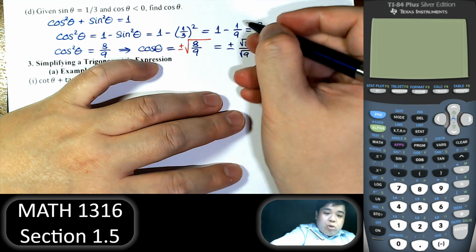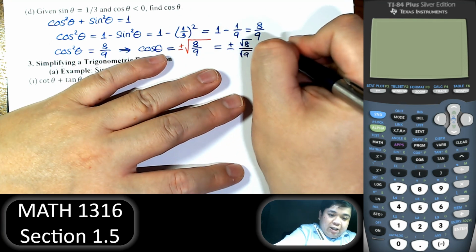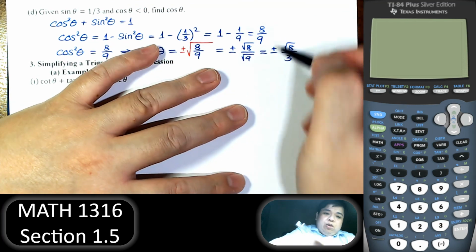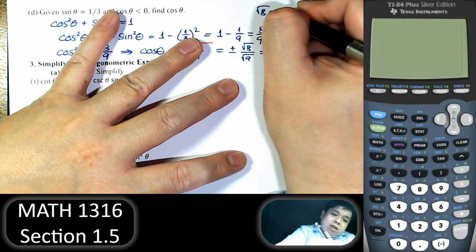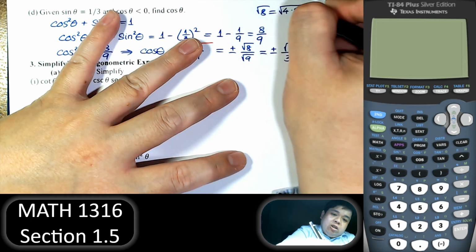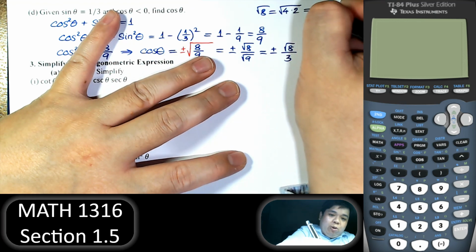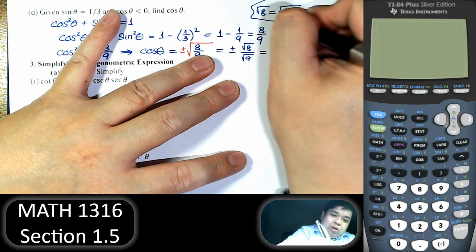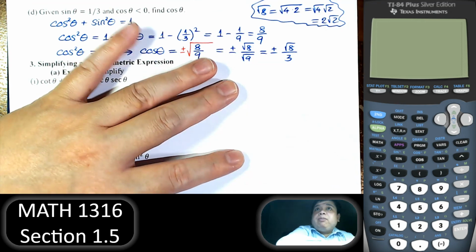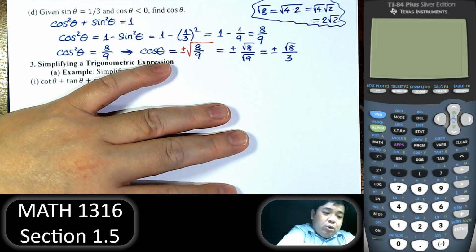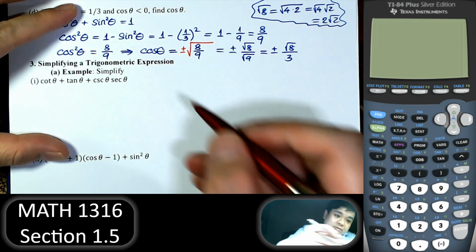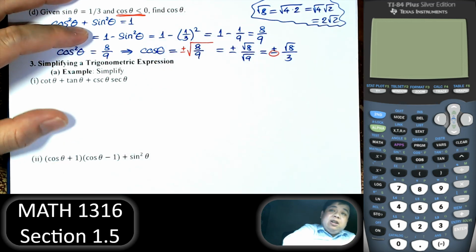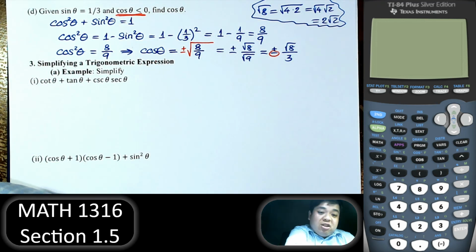I just split the square root, and so we have square root of 8 and square root of 9, which is 3. Square root of 8 you can write as square root of 4 times 2, or 2 square root of 2. If you want to, you can write 2 square root of 2 instead. You don't have to. But cosine is negative, so this is negative square root of 8 over 3. So the answer is negative.